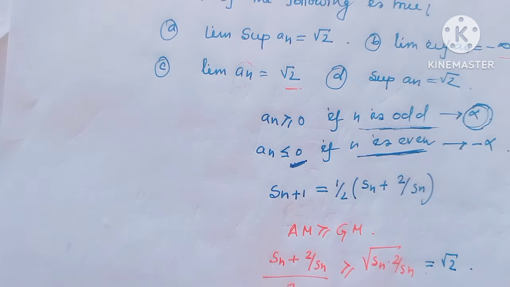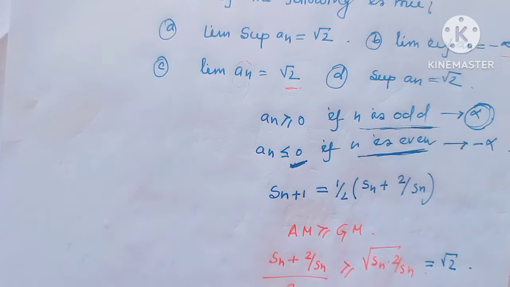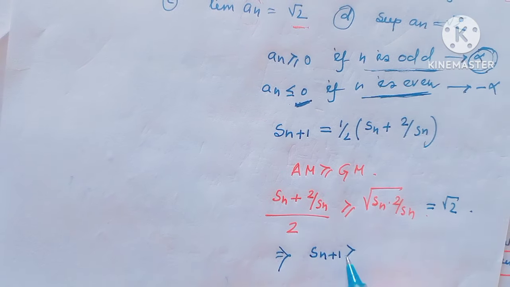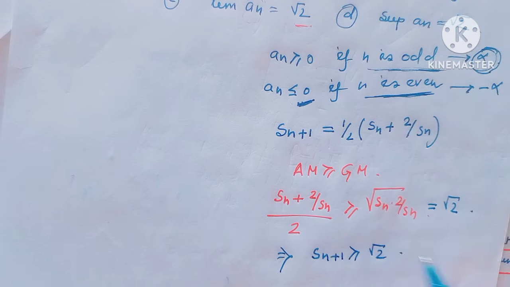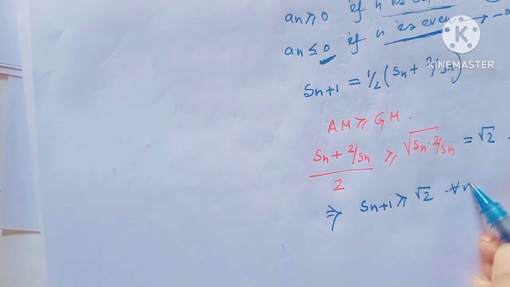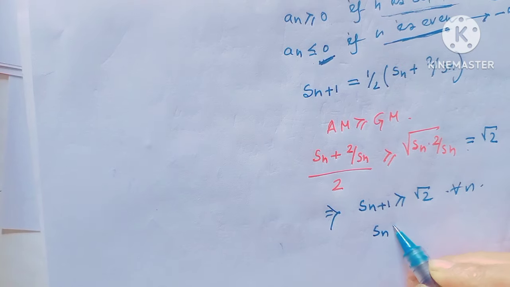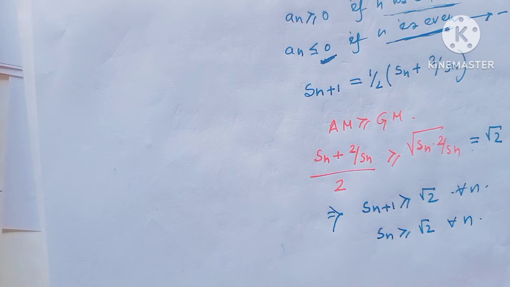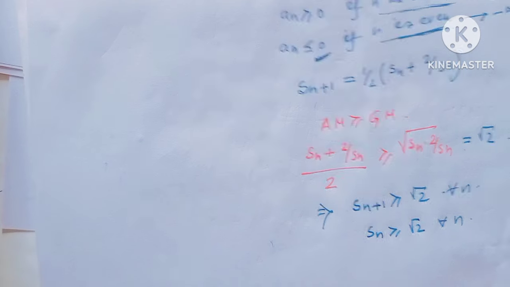That means Sn plus 1 is greater than or equal to square root of 2. Since this is true for all n, Sn is greater than or equal to square root of 2, which is also true for smaller n.